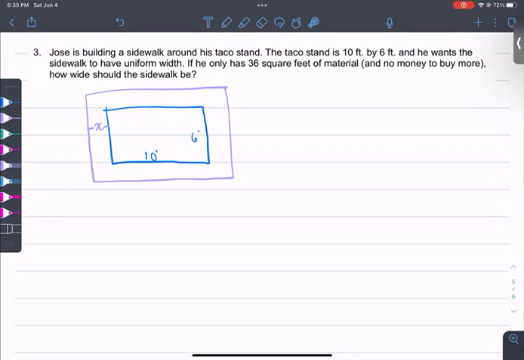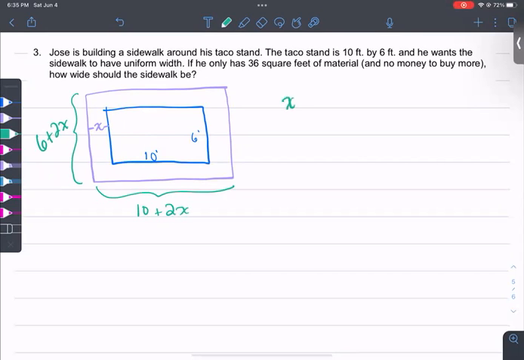So when I look at that overall picture, I could say that this side of the stand plus the sidewalk would be 6 feet for the depth of the stand, and then the 2 pieces of sidewalk on either side. So it'd be 6 plus 2x. And then similarly on the width, the taco stand itself is 10 feet plus 2 sides of the sidewalk. So x represents the width of the sidewalk.